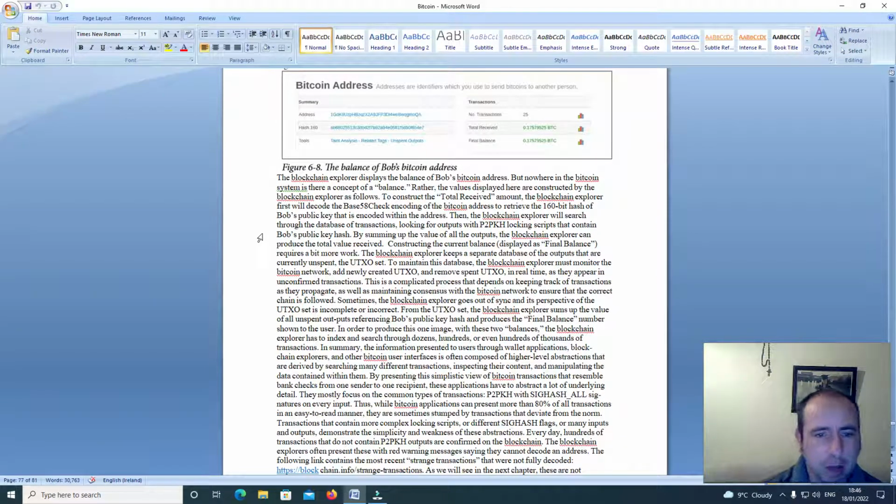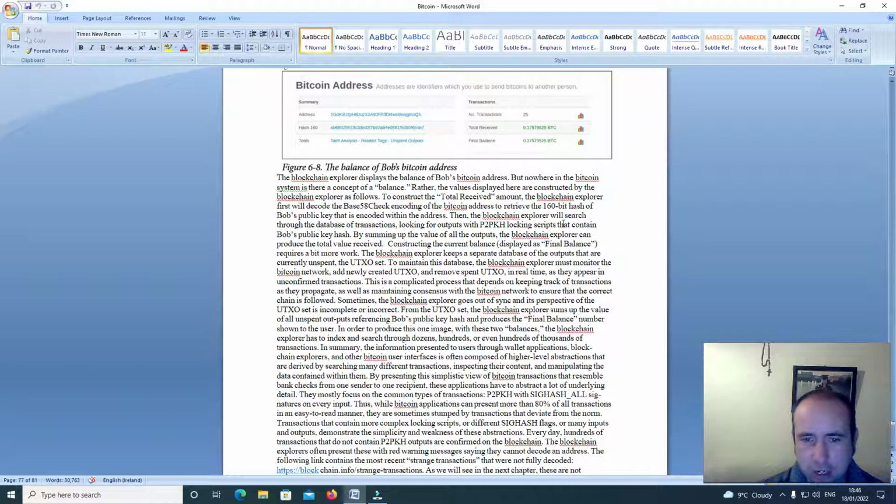The Blockchain Explorer displays the balance of Bob's Bitcoin address, but nowhere in the Bitcoin system is there a concept of a balance. Rather, the values displayed here are constructed by the Blockchain Explorer as follows. To construct the total received amount, the Blockchain Explorer first will decode the base 58 check encoding of the Bitcoin address to retrieve the 160-bit hash of Bob's public key that is encoded within the address.